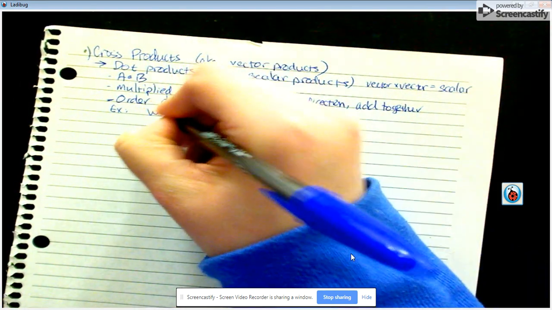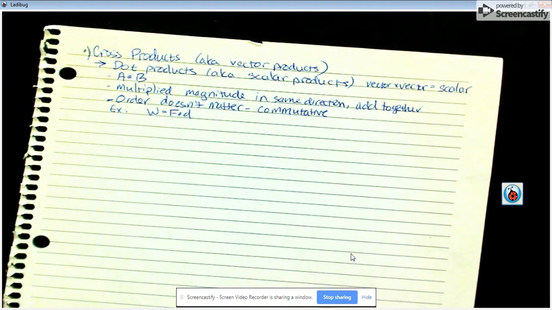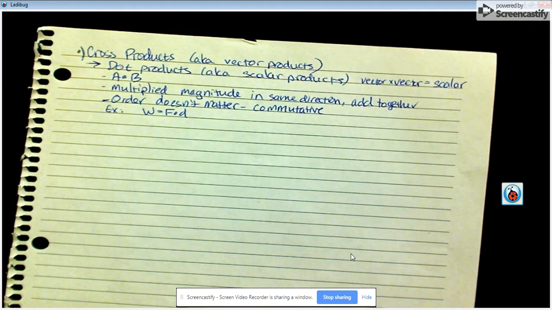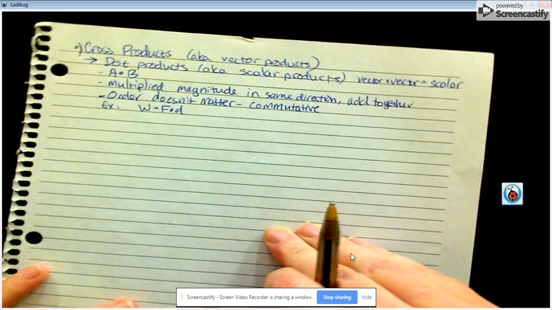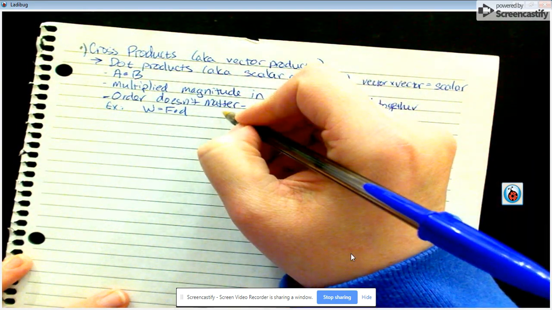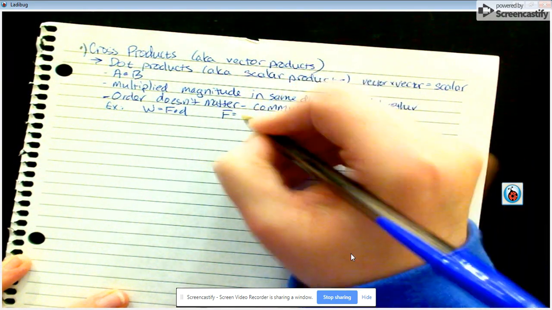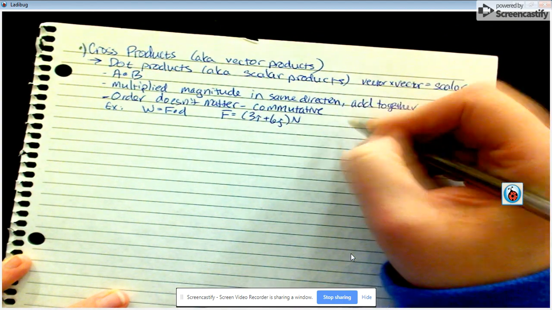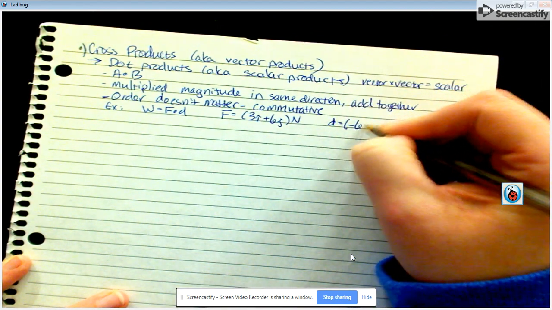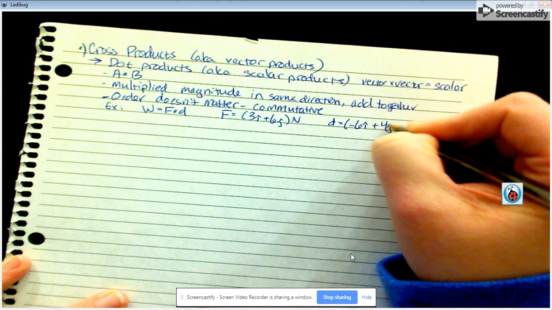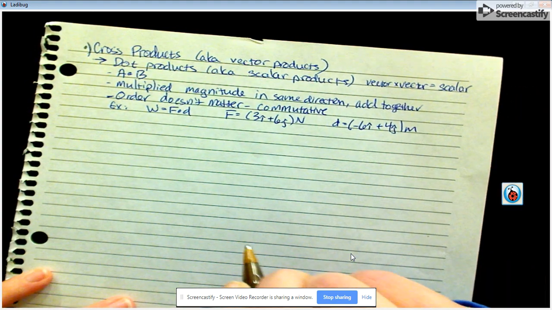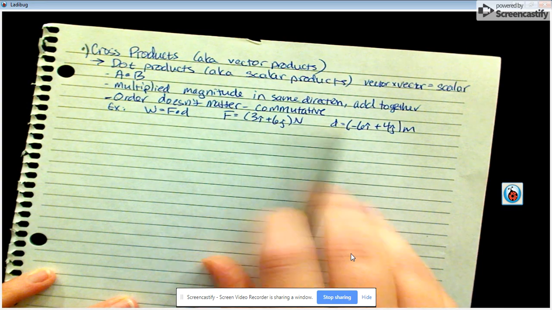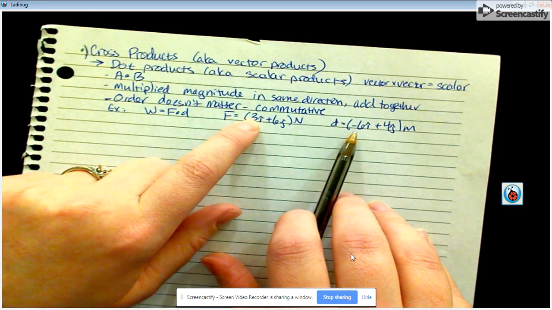We use this when we did work. So work on your equation sheet lists work as the dot product between force and distance. So for example, if force equals 3i hat, 6j hat newtons, and our distance is negative 6i hat, 4j hat meters, well, then we're going to multiply the magnitude of the vector in each direction.